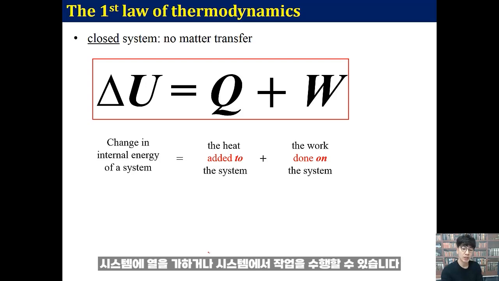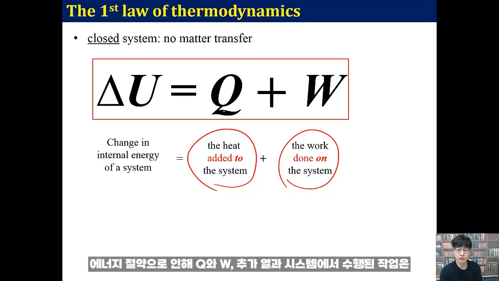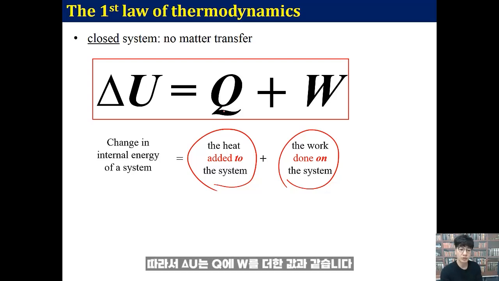We can either add heat to the system or work can be done on the system. Due to energy conservation, Q plus W, the added heat plus the work done on the system, should be equal to the change in the internal energy of the system, delta U. So delta U is equal to Q plus W. This is the first law of thermodynamics, which is very, very important throughout this semester.